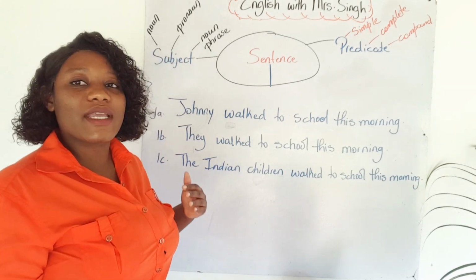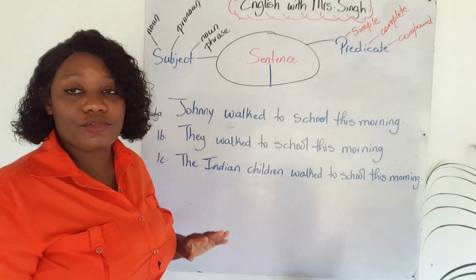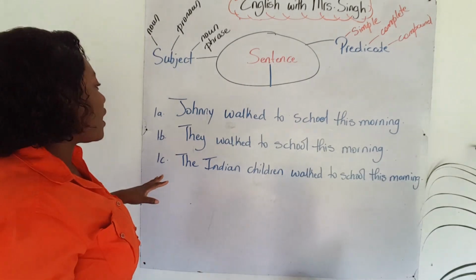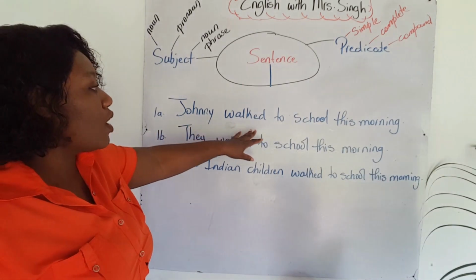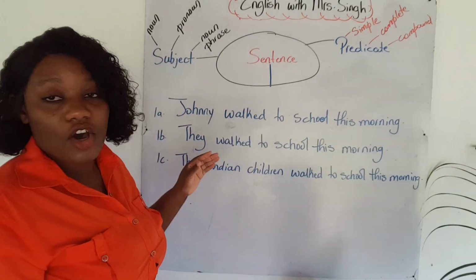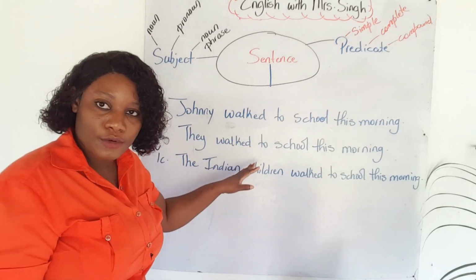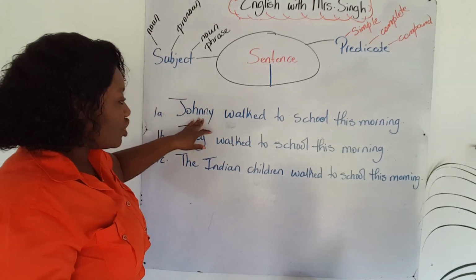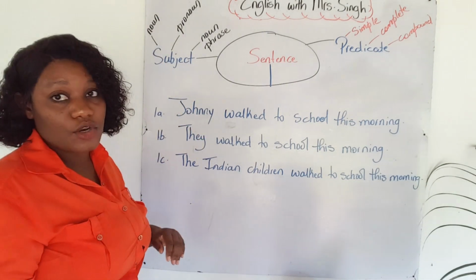So, let us now explore sentences that have these three. Number one says, Johnny walked to school this morning. In this sentence, our subject, Johnny, is a noun.